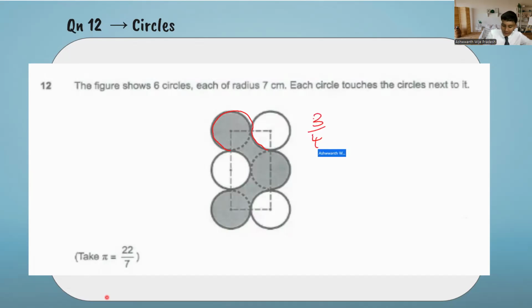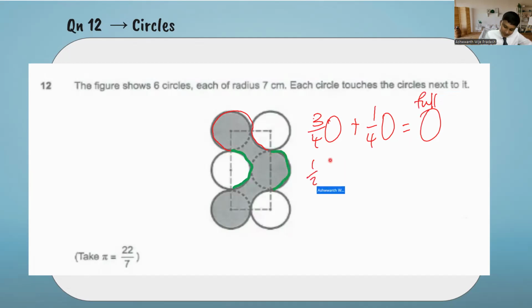The 3/4 circle plus 1/4 circle equals a full circle. So here there is another half circle and here a half circle. So half circle plus half circle equals full circle.